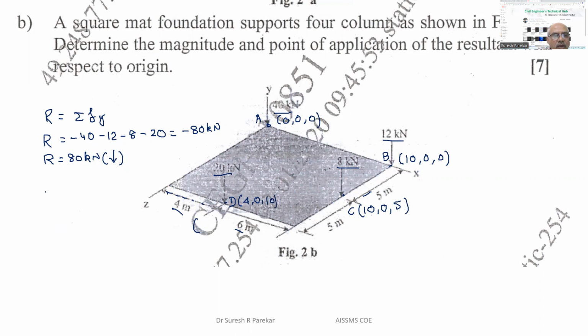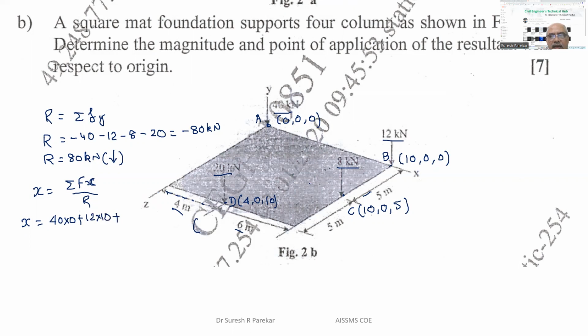And now we know x equals summation Fx upon R. So x equals summation Fx, we have this will be first 40, so 40 into 0. Then we have second 12, so 12 into x coordinate, 12 into 10.